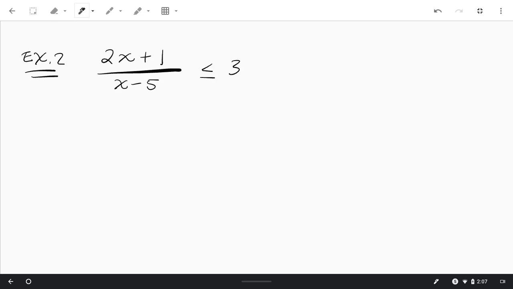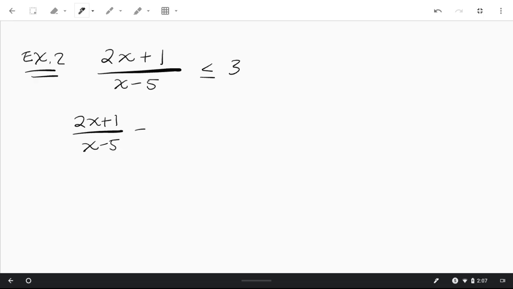So same thing, we do need to set this to 0. So I am going to subtract 3 on both sides, in which case I will end up with this. So again, we want to set these to 0.